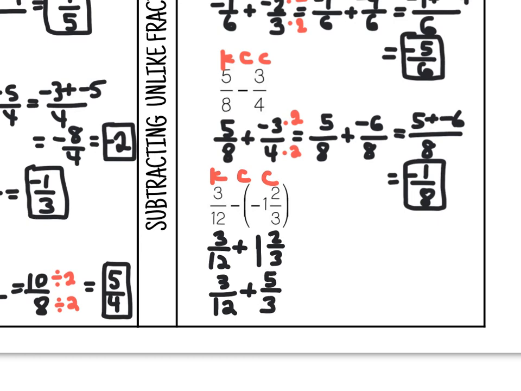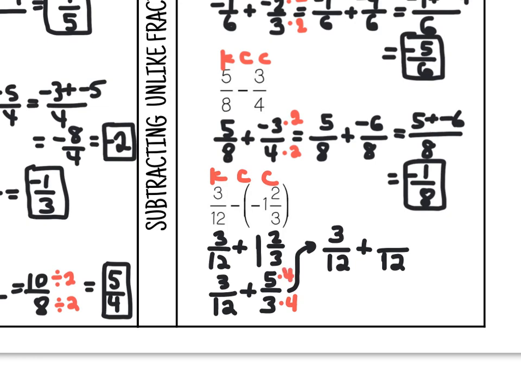Okay, we need a common denominator. So here, I'm going to put it over here because I'm going to run out of room. Our common denominator is going to be 12. So let's put here 12 for each denominator. The first fraction happens to be the right denominator, so we leave the numerator the same, 3/12. But for the second fraction, the 3, to make it a 12, we times it by 4.